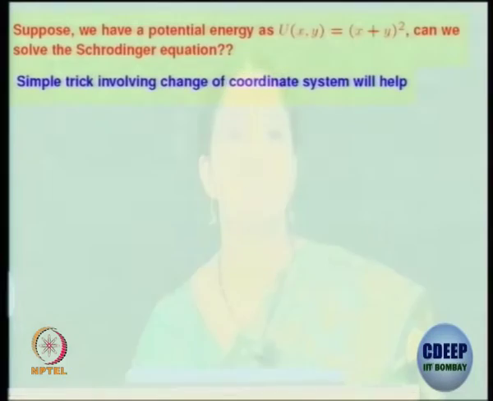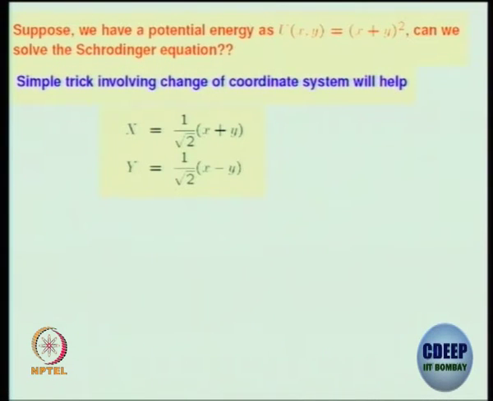This we have done many times, right? We do take a suitable coordinate choice depending on the situation. So the simple trick involves changing the coordinate system: write capital X as x plus y, and then write the other coordinate which is orthogonal to this coordinate.